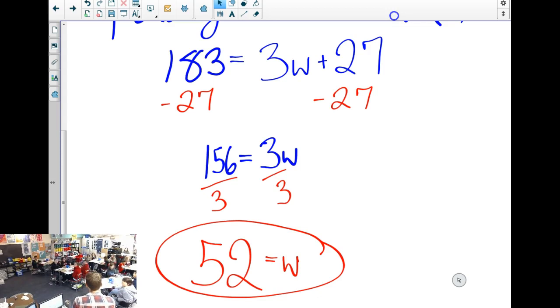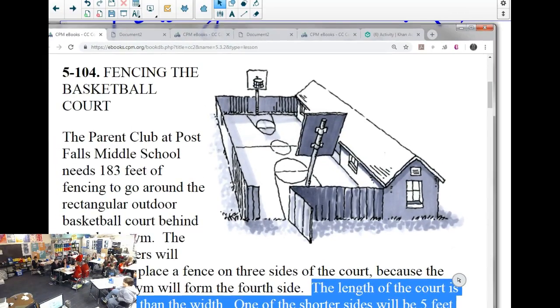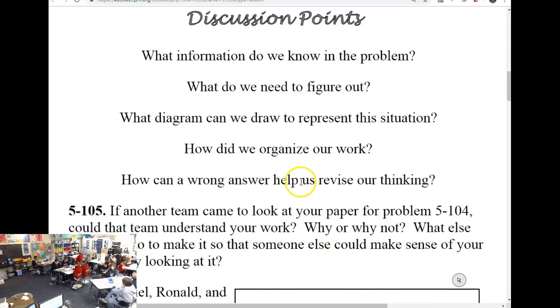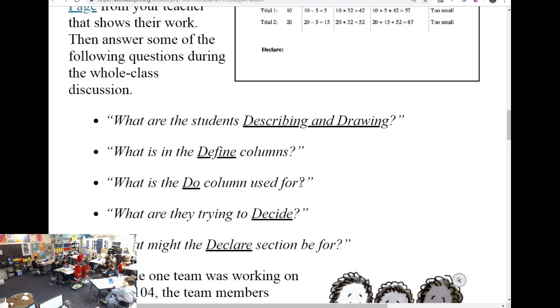I want to make sure we all hear this so I don't get frantic text messages because this is what happened last year. You don't have to use the 5D process. You can if you want. Totally open option, but it does take longer. It'll work, but it takes longer. So on this next problem, if you want, you can use the 5D process. Or if your group decides you can use another strategy, such as solving the equation.